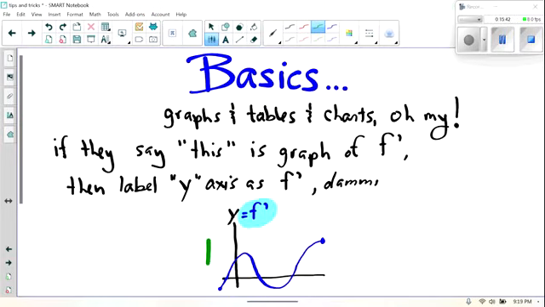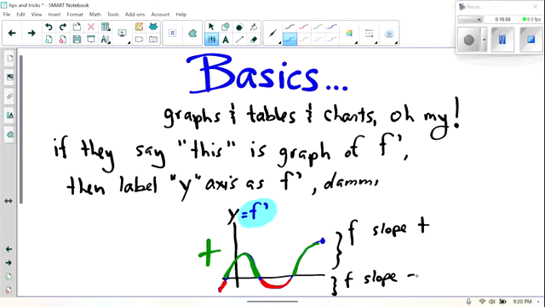So if I'm above the x-axis, these are all positives. Okay? If I'm below the x-axis, all these y values are negative. So for these locations, my original function f is going to have a slope that's positive. And down here, my original function f is going to have a slope that's negative.